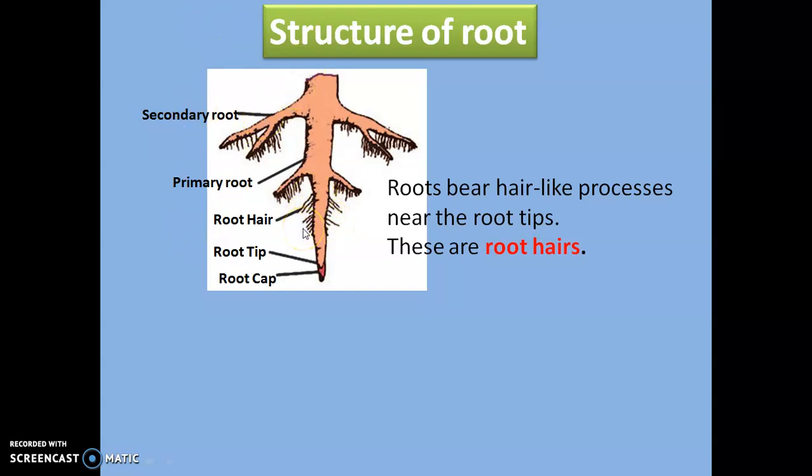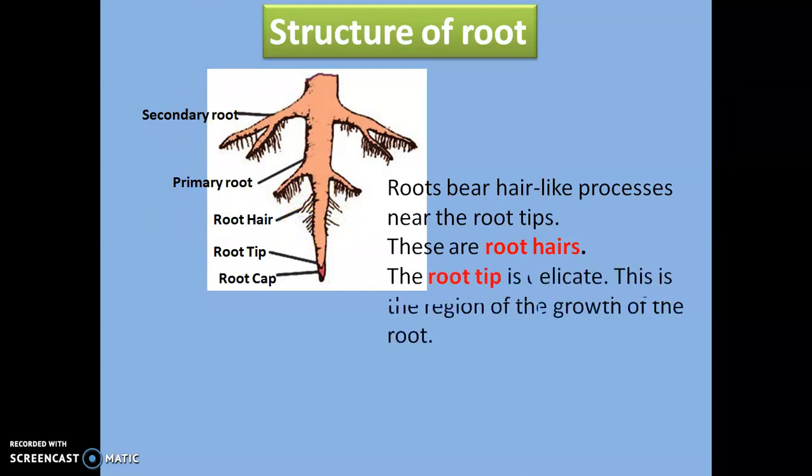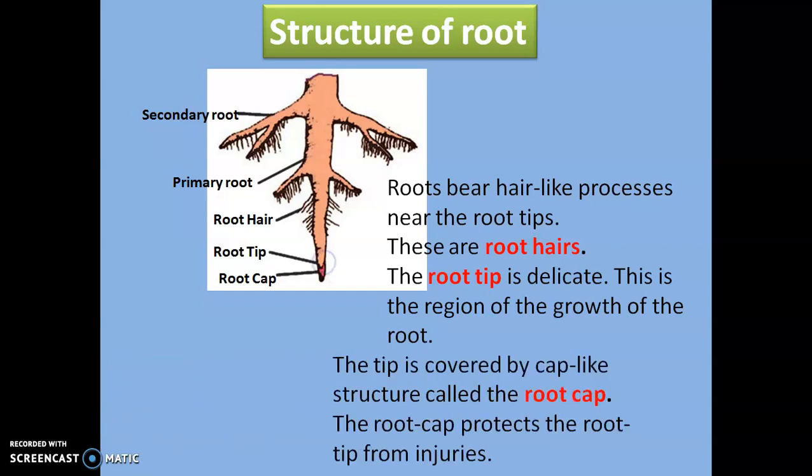These are called root hair. Then the root tip is delicate. This is the region for the growth of the root. Now here we can see the tip of the root, and this is the root tip which is delicate. Delicate means very soft or can break very easily. But this is the important region because that is for the growth of the root.